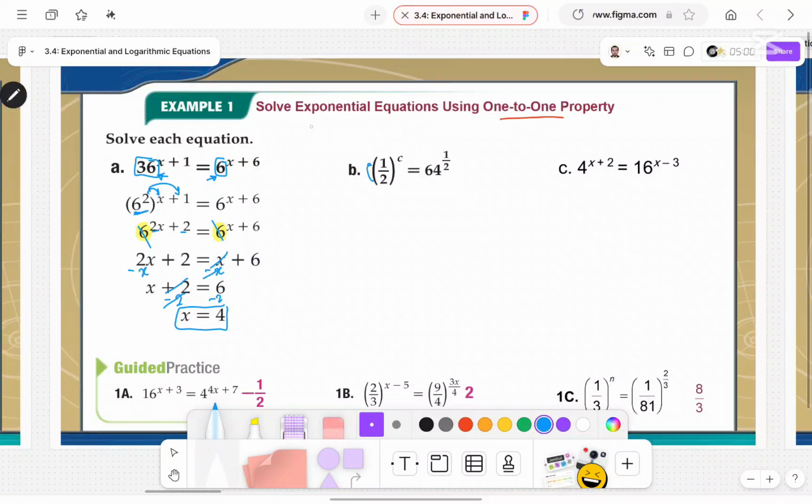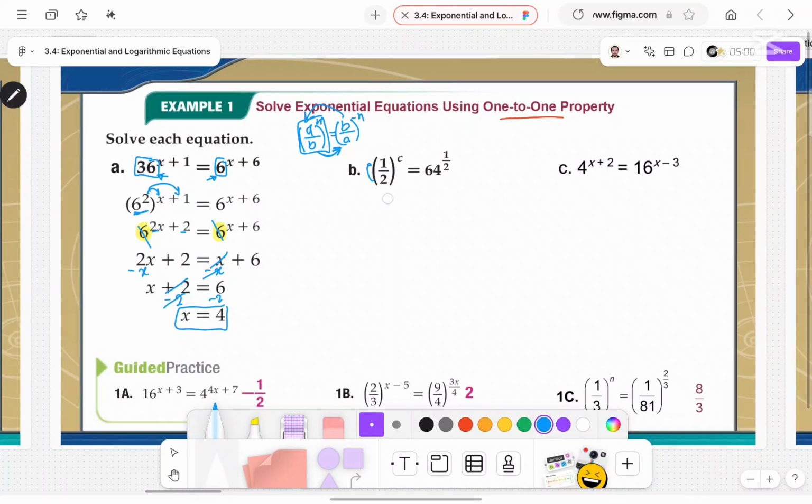We have the rule that when you have a over b to the power of n, we can just flip it: b over a to the power of negative n. You can do it like this, or you can do it like this. Now the question, I can replace it in this form.